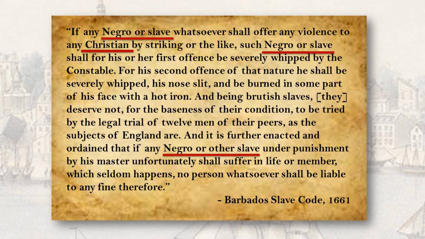There is a distinction, though: Christian. It seems that those who are not enslaved are identified as Christian. Free people are Christians. Curious distinction, right?